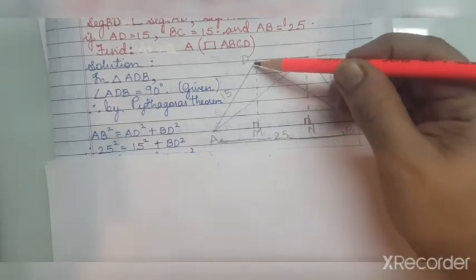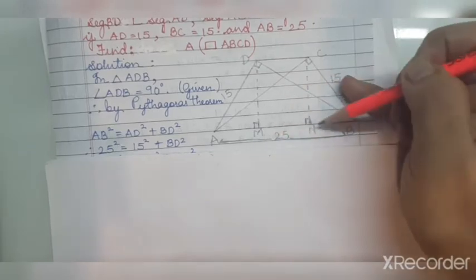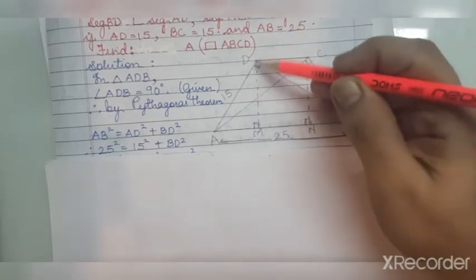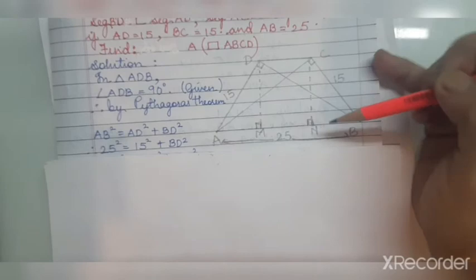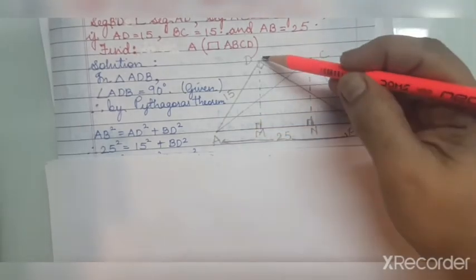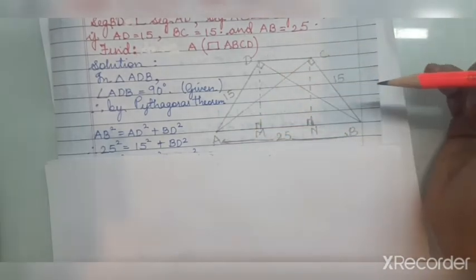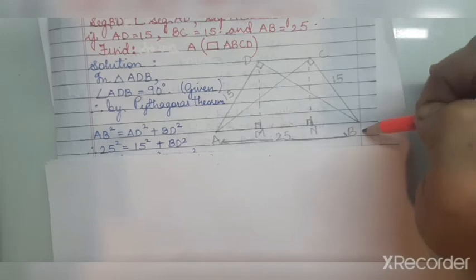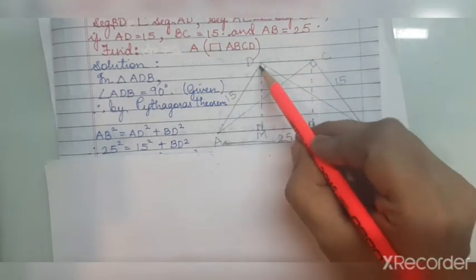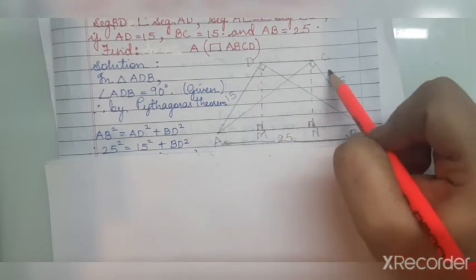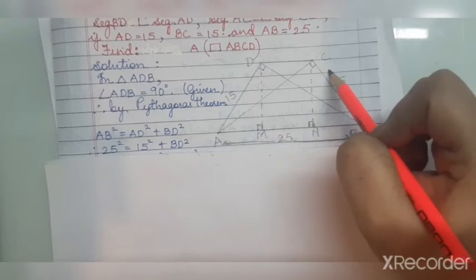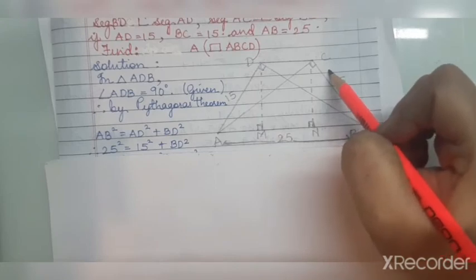So here we have to find DM, or even if you find CN, it will be the same. So we have to find the height, and we have to find the parallel sides which we don't know. One side we know, AB. So now our objective is to find DC or CD, which is not given.